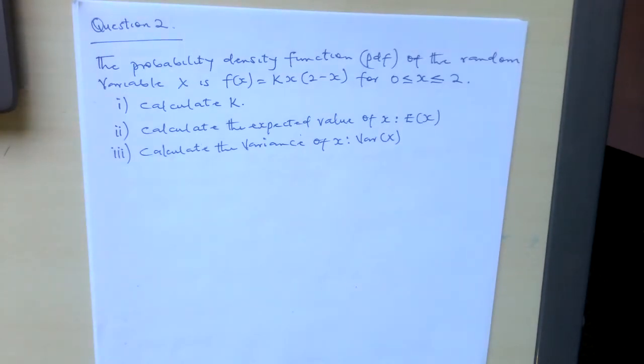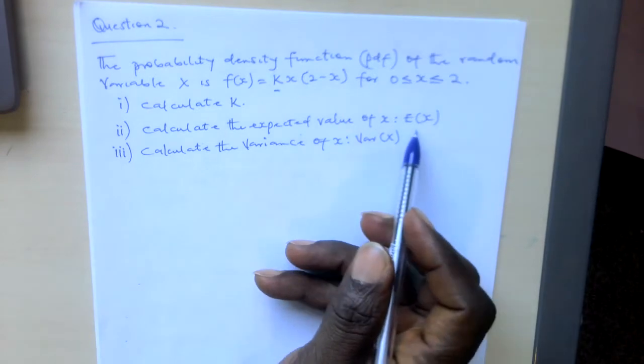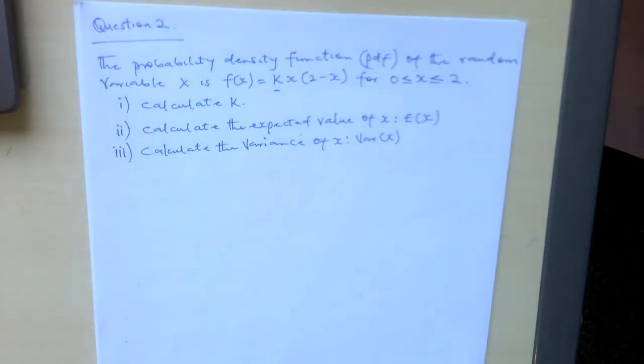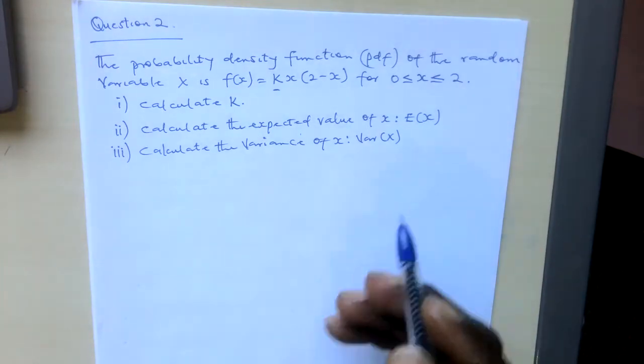For continuous, the probability density function PDF of the random variable x is f of x equals kx times 2 minus x for 0 less or equal to x less or equal to 2. So calculate k, the constant, calculate the expected value of x, E of x, and calculate the variance of x.